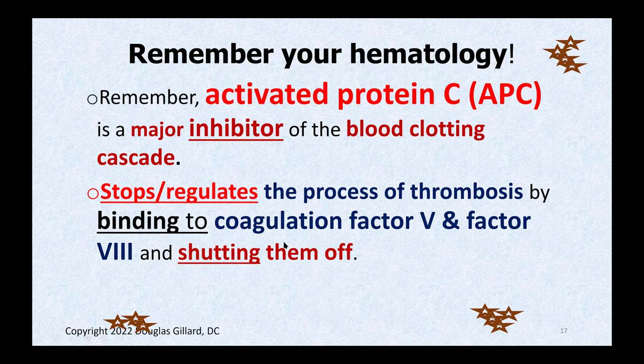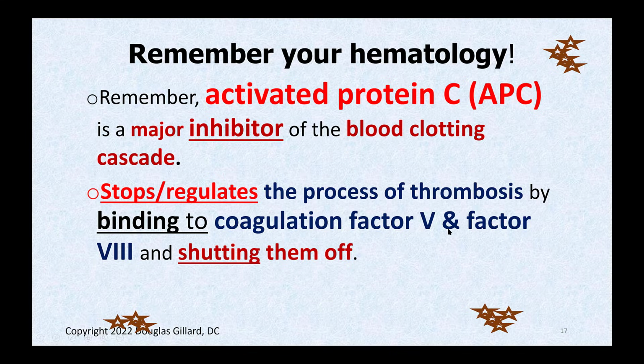So where does this activated protein C, APC, come from? Well, remember what that is. Remember, APC is a major inhibitor of the blood clotting cascade. And it has a double duty. It can bind to and kind of stop the function of factor V and factor VIII. It shuts them off.